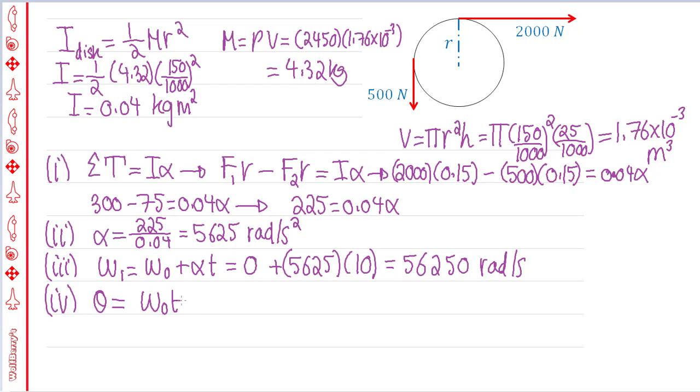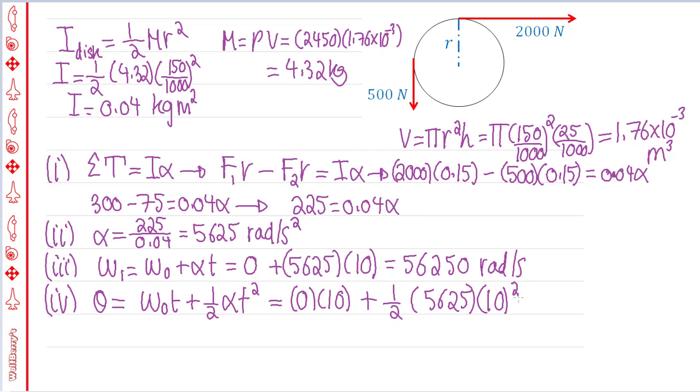Omega naught t plus half alpha t squared equals the initial speed is 0, 0 multiplied by 10, let's substitute everything, plus half, alpha in this case is 5625, all multiplied by t squared, which is 10 squared. This gives you a theta value of 281,250 radians, that's the total angle.